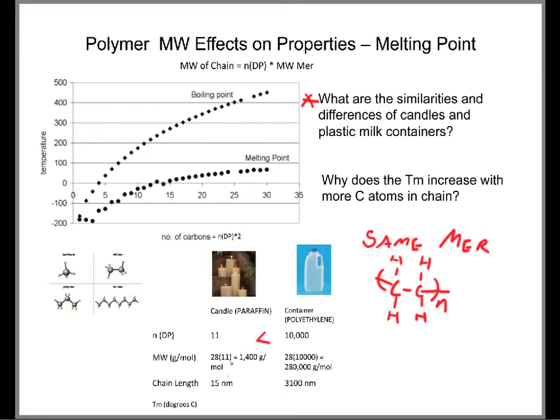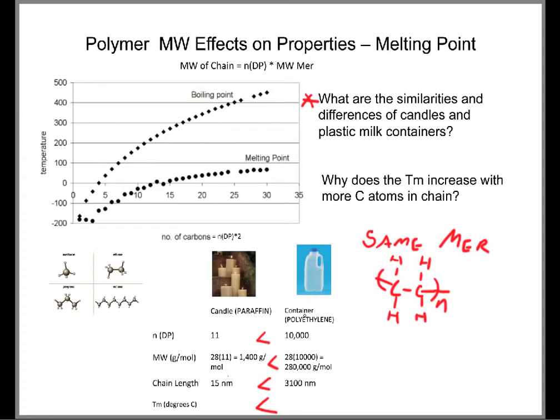So also notice that their molecular weight for the entire chains, this is talking about the entire chains here, is less for the candle than for the container. Also, the chain length for the candle made of paraffin is less than the container made of polyethylene. So, looking at the trends in this table, we can maybe sort of predict that the melting temperature would also be less for the candle than for the polyethylene.